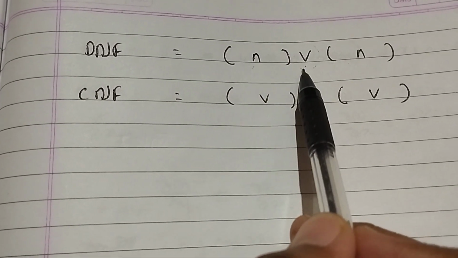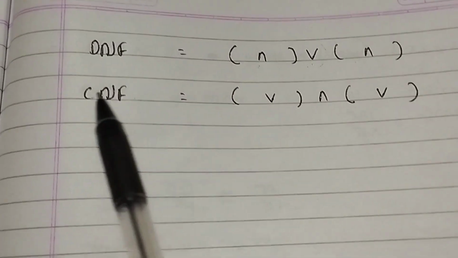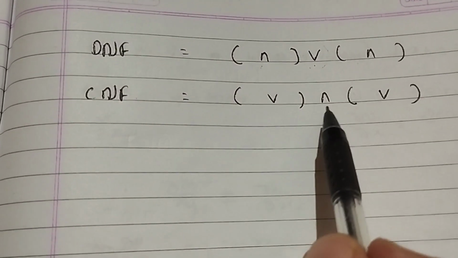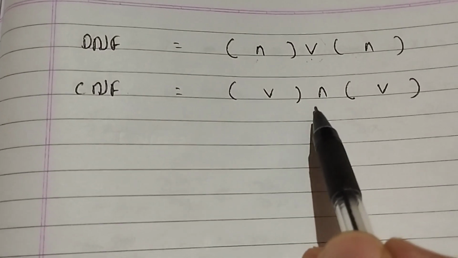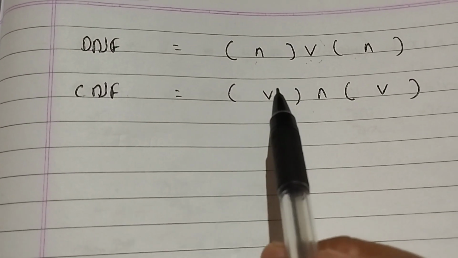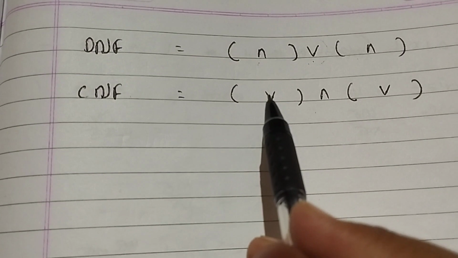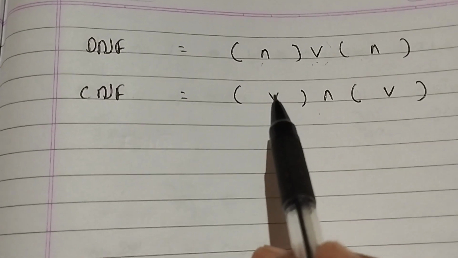Conjunction normal form means we know conjunction means AND, so two brackets are connected with the AND, and the bracket connective is OR.